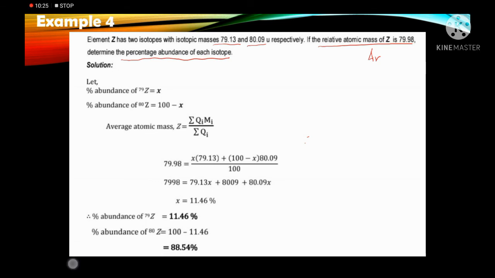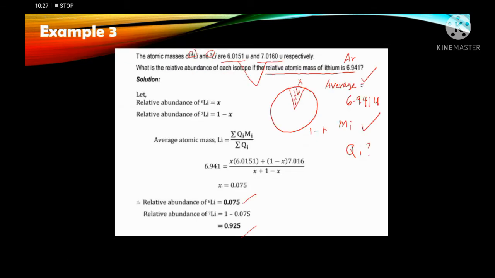Okay, so the previous question is the same with this example number 4, but in this question, they ask you to calculate the relative abundant. Okay, therefore, we can use, for the unknown, x and 1 minus x. Nampak tak?